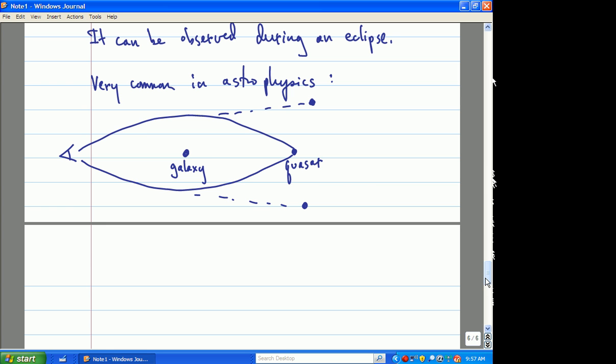And in fact, we can use lensing to determine the mass distribution of the galaxy.